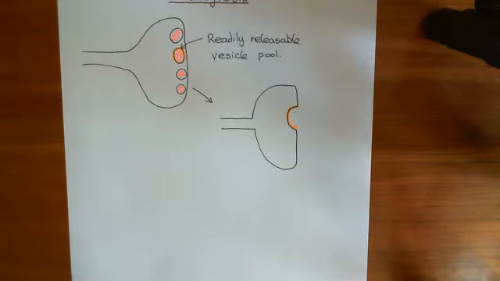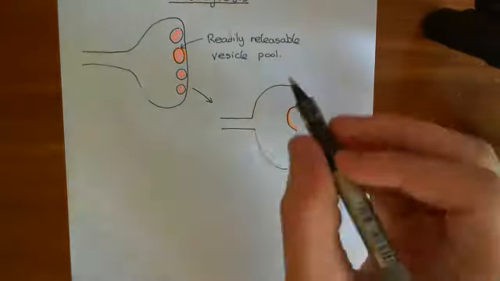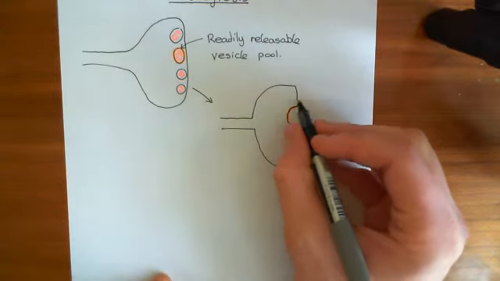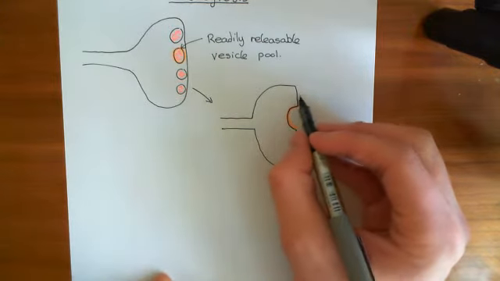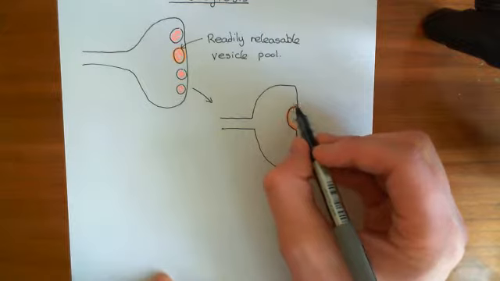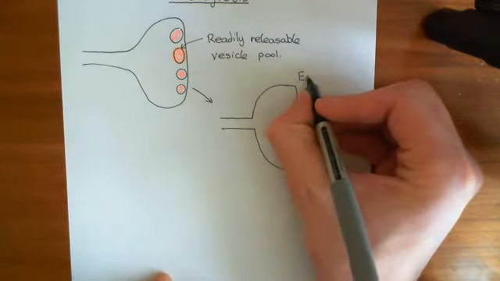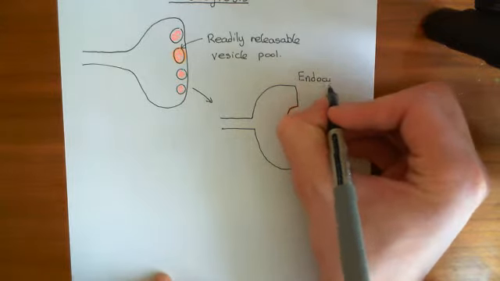So what we're now going to do is discuss this process of recycling, and that process of taking membrane from the cell membrane and pinching it off to form a vesicle, that's the process of endocytosis. We're now going to discuss endocytosis.